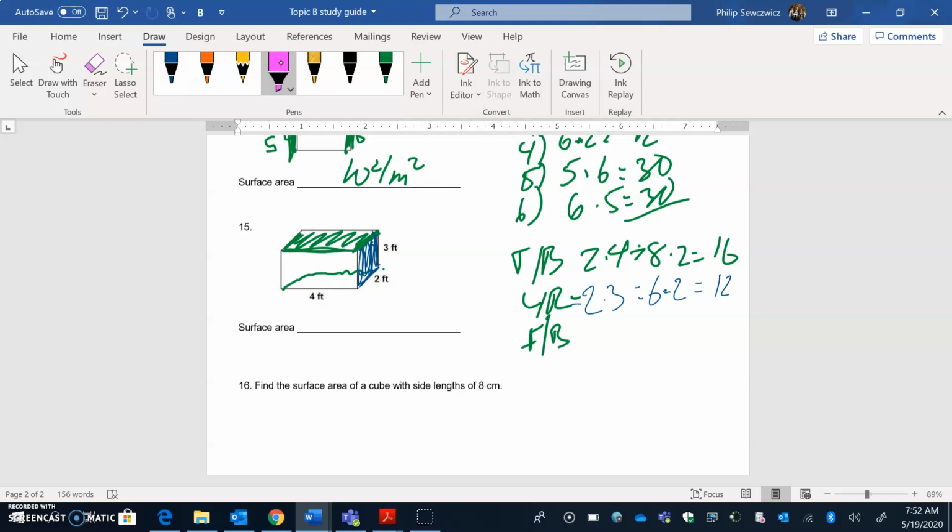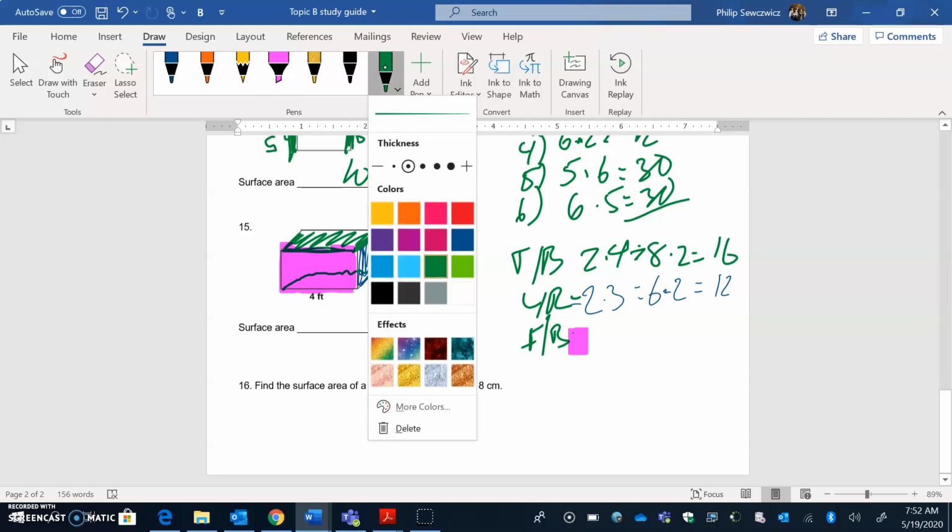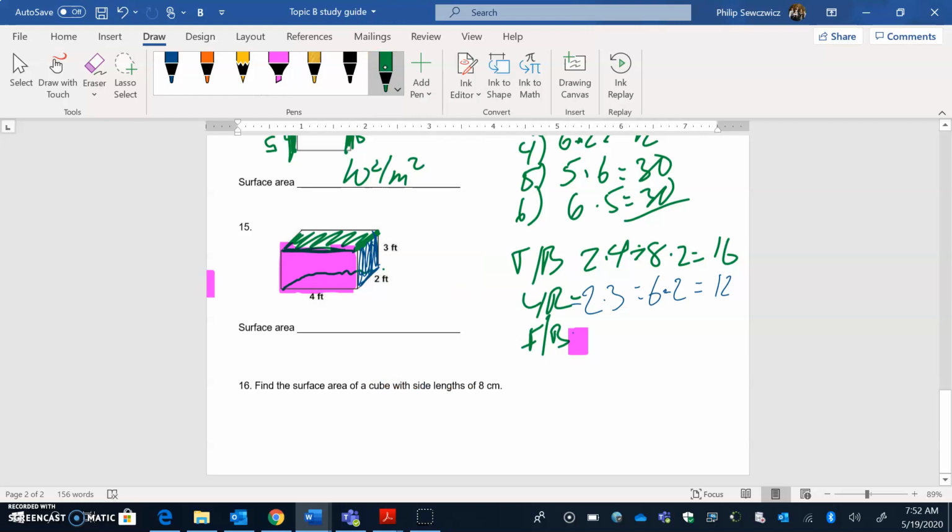With the front and the back, I do see this as the front. And so I can see we are 4 wide. I can see that we're 3 tall. So because of that, we're going to have 4 times 3, get 12. But wait, there's 2 of them. So there's your 24.